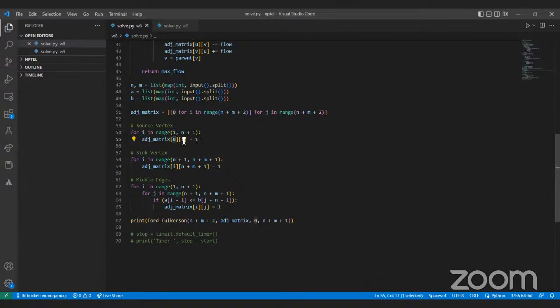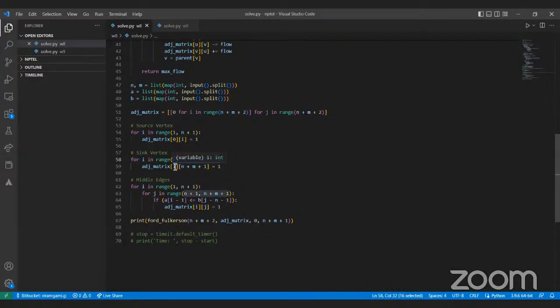So from the source vertex to the vertices of the first partition, I'm initializing the edge capacity as 1. Now the n plus m plus 1th vertex is the sink vertex. This is the last vertex. Since it is zero indexing, the last vertex will be n plus m plus 1. And the first partition was 1 to n, and the second partition is from n plus 1 to n plus m, right?